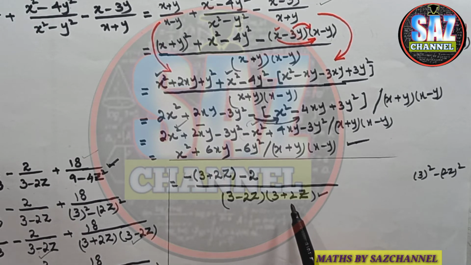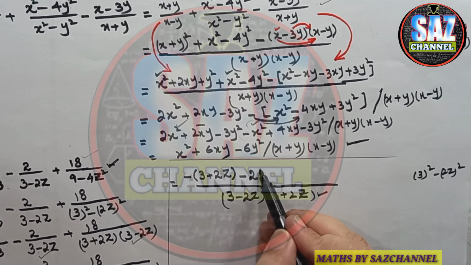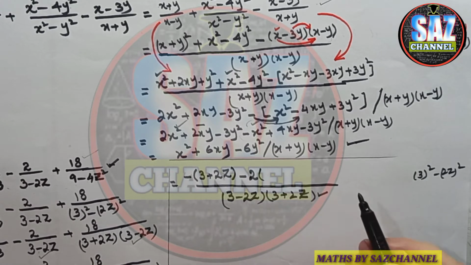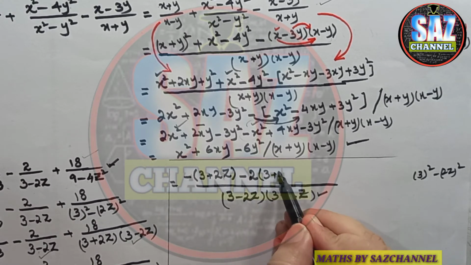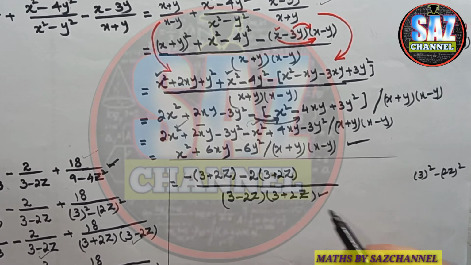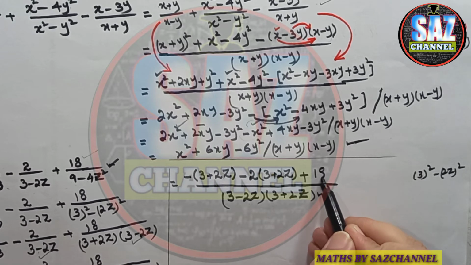It has the deficiency of 3 plus 2z, so I will multiply this numerator with 3 plus 2z. Coming to the last fraction, that is 18 upon 3 plus 2z into 3 minus 2z, the denominator of this fraction and the LCM are the same, so 18 will come as it is.